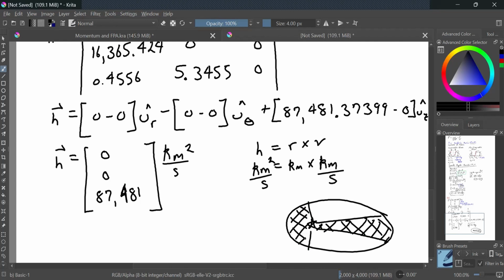It will always be the same area of the ellipse traced out every second.